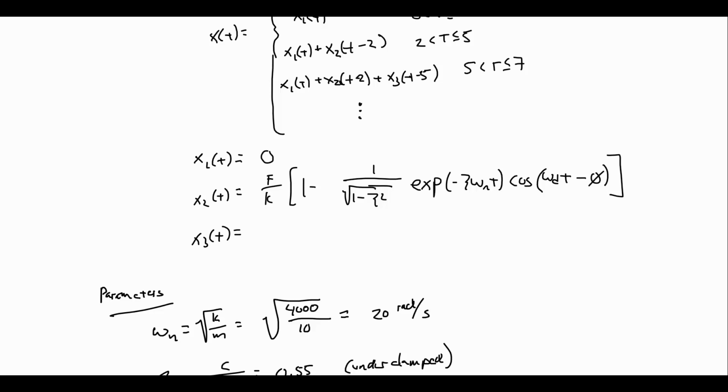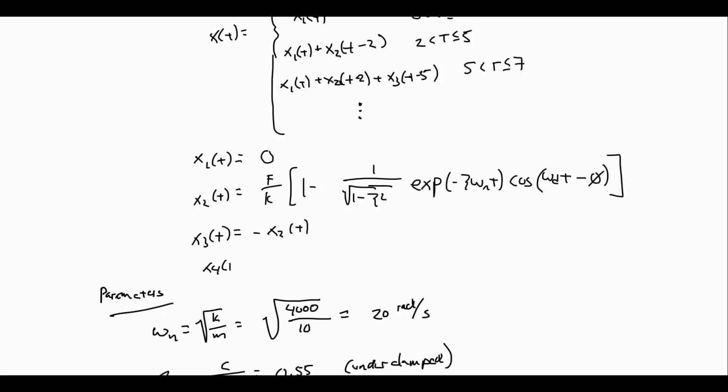The k is the same, the zeta, the omega n, the omega d, the phi that we're going to find, that's the same. The only difference is that f is negative 500 instead of positive 500. So actually what we can do is take a shortcut in this one and say that x3 is just negative x2. Because all that's different is that f is equal to negative f. It's negative 500 versus 500.